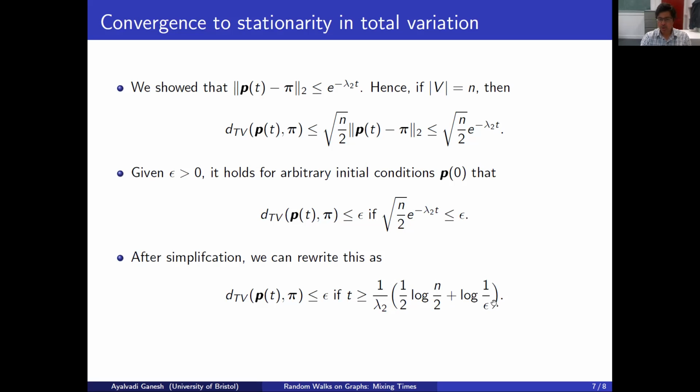So the closer you want to get to the invariant distribution, the longer it takes, though not by much, only logarithmically in how close you want to get. And also the bigger the state space, the longer it takes, but again there's only logarithmic dependence on n. And so the main term really is this lambda 2. Lambda 2 determines how quickly this convergence happens.